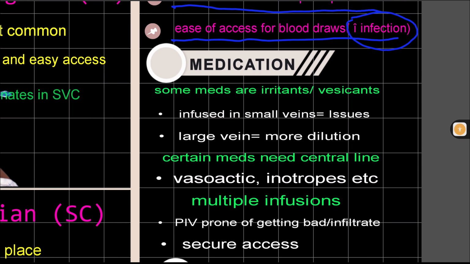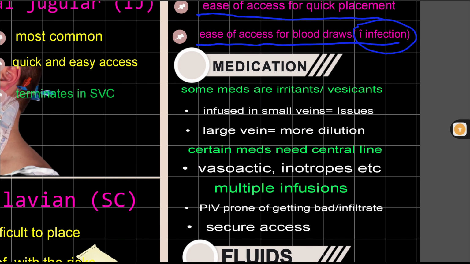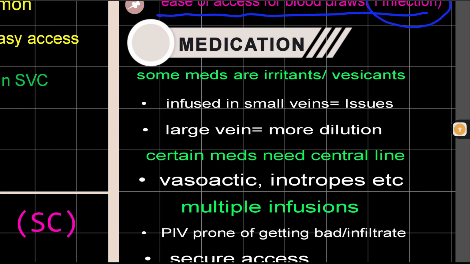Next, in terms of medication, we talked about this earlier, but one of the reasons why we give central line is administration of medication. Now, some medications are irritants and vesicants. Infusing them in small veins is equivalent to issues. What do I mean by this? For example, inotropes.